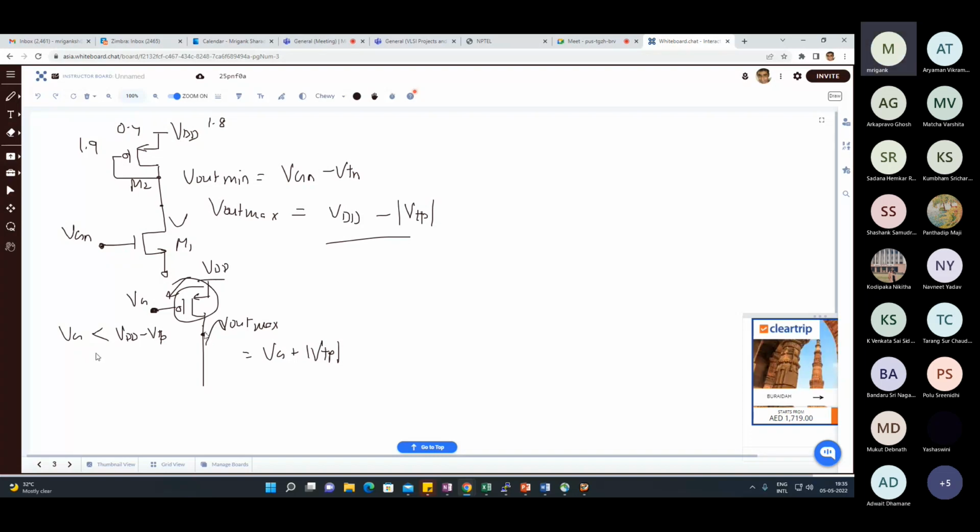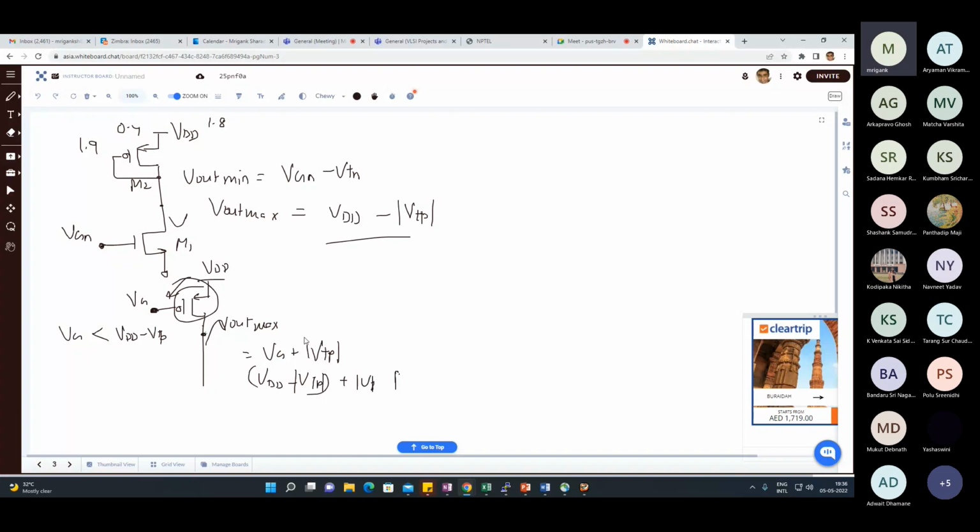Now this VG is less than VDD minus mod VTP. So overall, the max voltage here is VG, if this is VDD minus mod VTP, slightly lower than that, and this is another mod VTP.